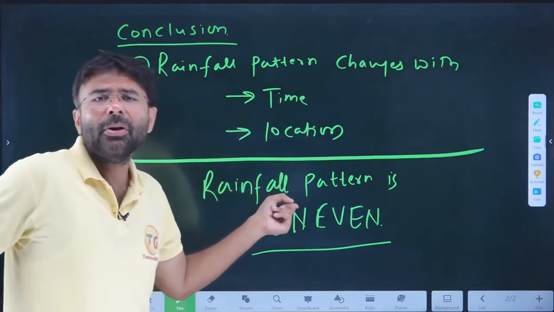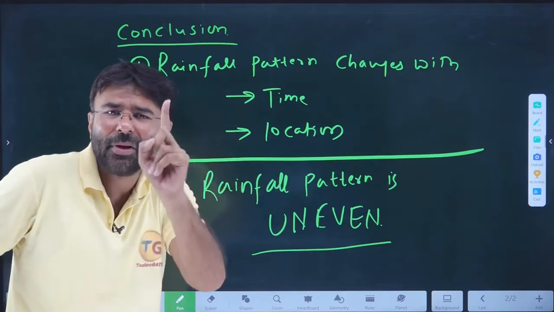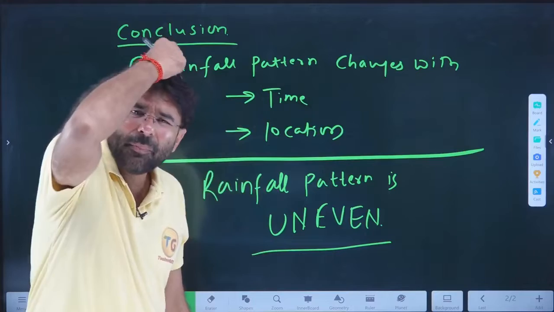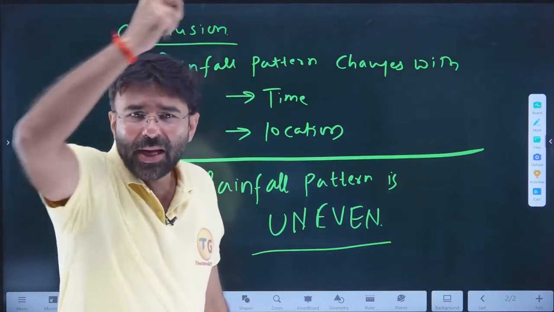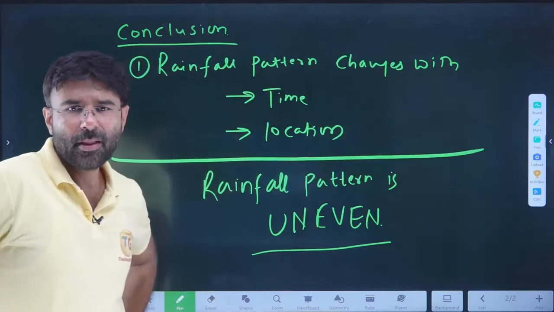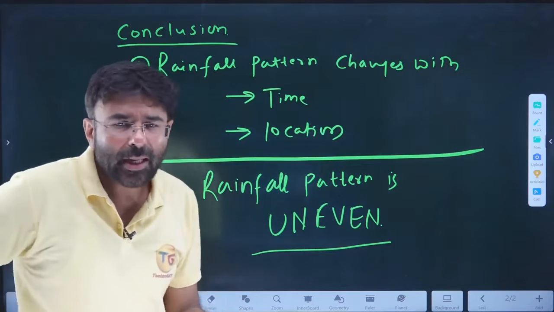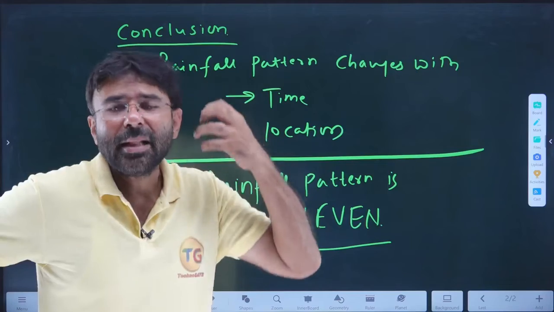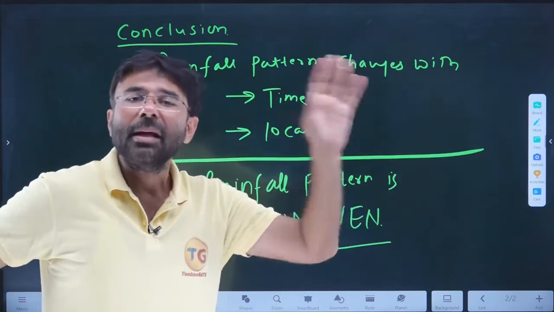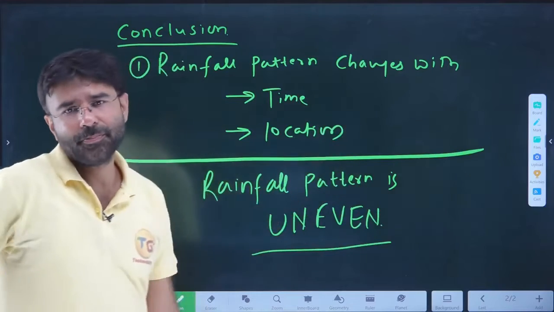Because rainfall is not uniform. If every day I am receiving rainfall for a fixed duration, for 1 hour or 2 hours, there will be no need of any other water source, neither for us, nor for the plants. But the rainfall pattern is not uniform, therefore neither the needs of the human being nor the needs of the plants can be fulfilled only with the rainfall.